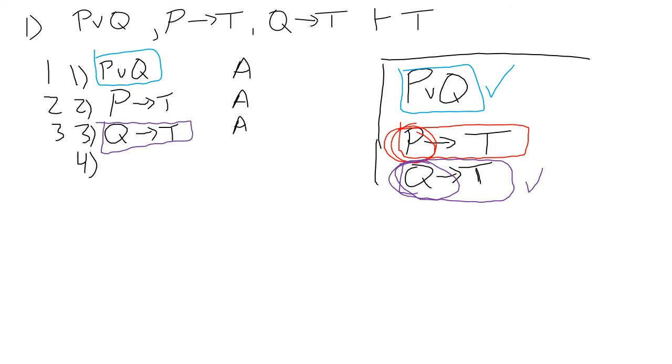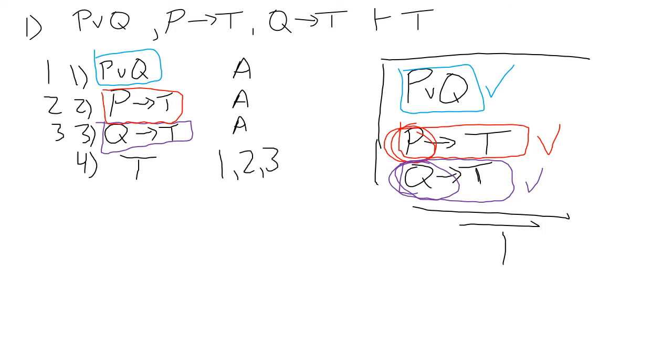Here is this one, and here is the other one. So we have all three pieces that we need to cite. So since we have all three pieces, we can assert T, which is the conclusion, and we'll cite all three lines and wedge out.